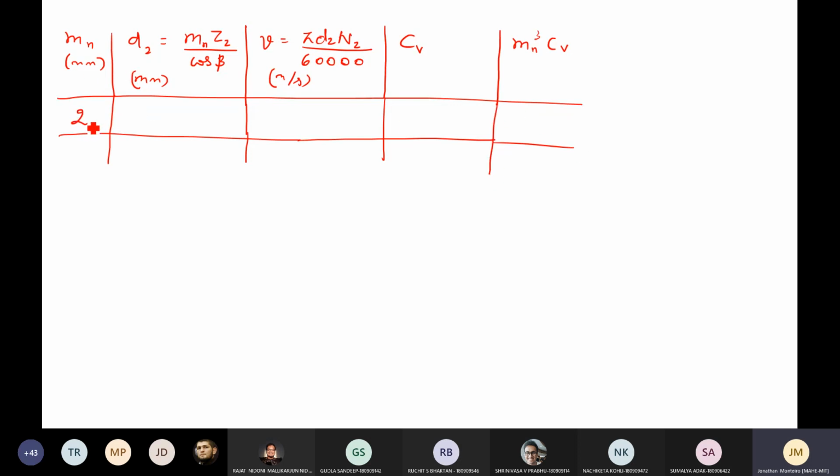So with 2 mm as the normal module, what will be the diameter now? 153.24. Yeah, getting 153.24.